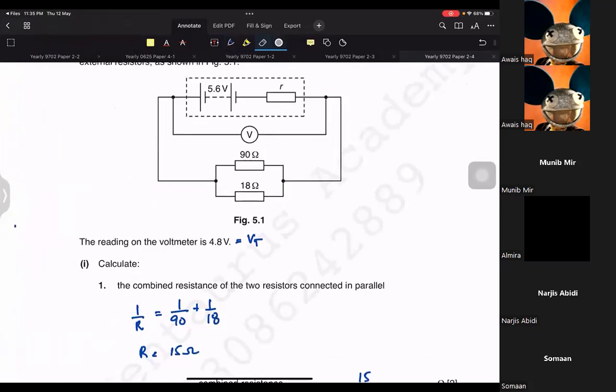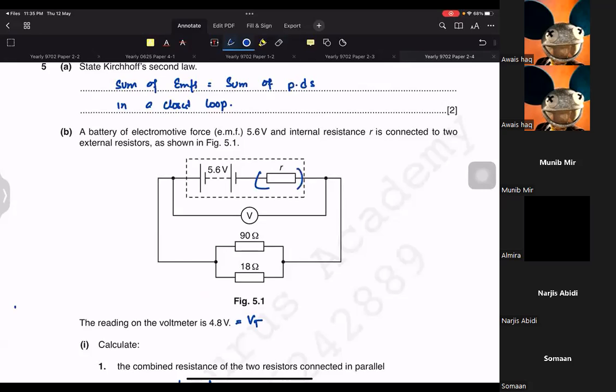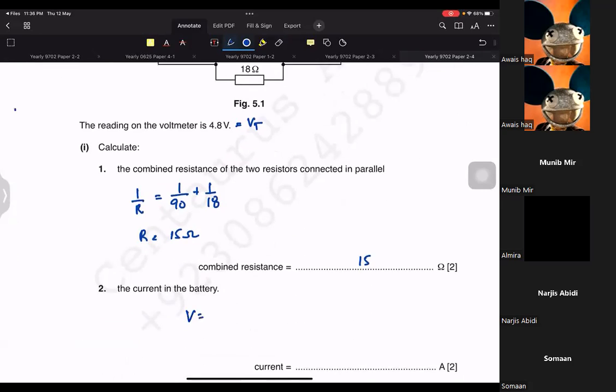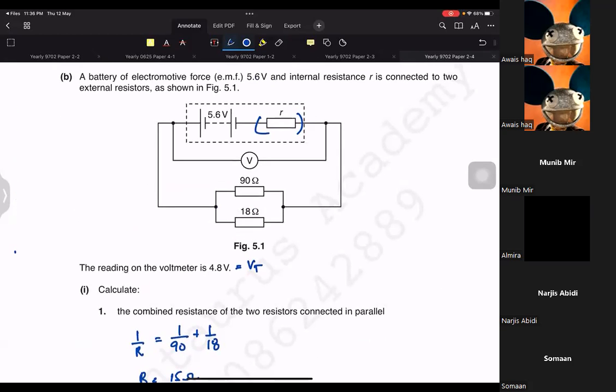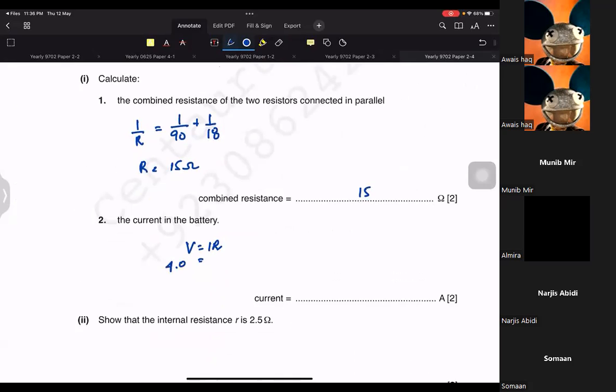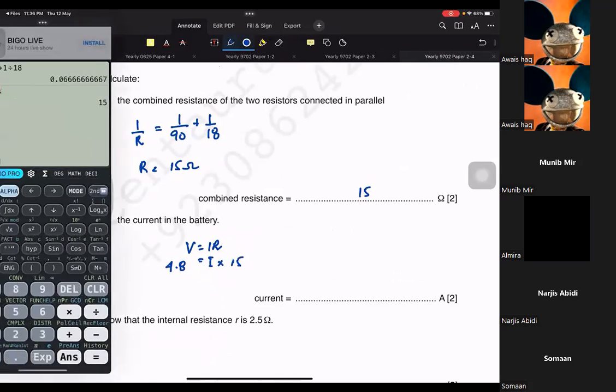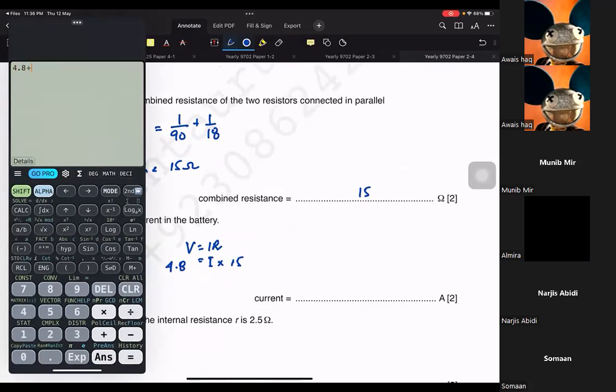We don't have voltage loss, right? Because r is not given. So we could just use V equals IR. We have the potential that is 4.8. We need current and the resistance outside is 15. So that should be 0.32 amperes.